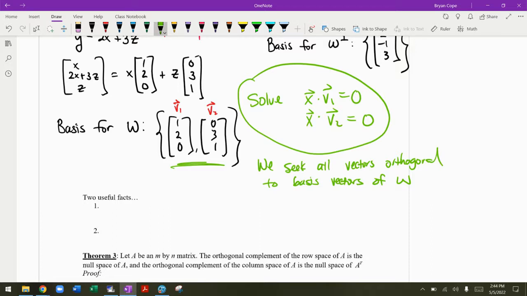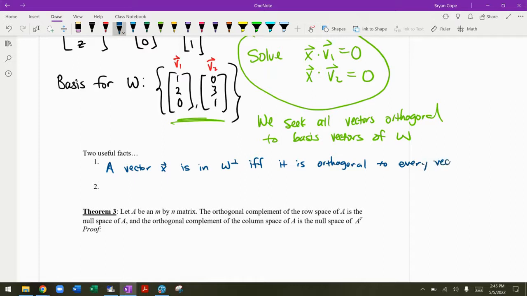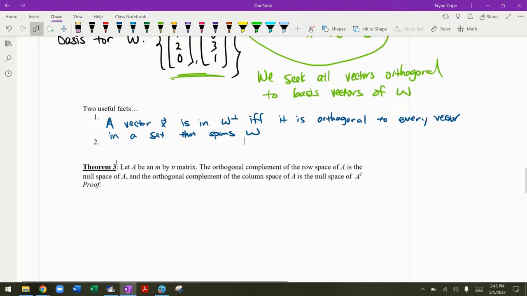Yep. Okay, two useful facts. One of them is that a vector x is in W perp if and only if it is orthogonal to every vector in a set that spans W. A basis, we kind of just showed that.